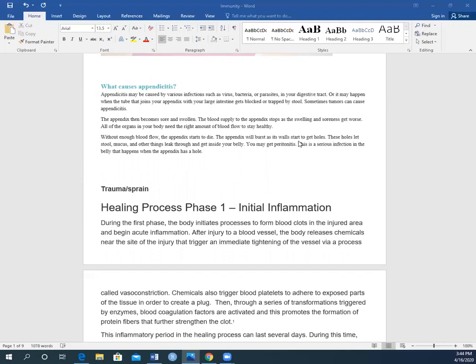Okay, so intact, non-specific defense barriers. If the appendix hasn't burst, then this is still intact. Your lymphatic system, if you're a healthy individual, should be working just fine.